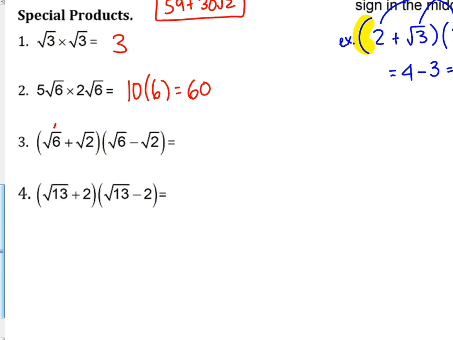So root 6 times root 6 gives you 6. Root 2 times negative root 2 is minus 2, which gives us 4. If you wanted to FOIL the whole thing out, you can, but that's going to take a while. And your middle term should cancel, so you don't need to. Is that a conjugate pair? Okay, try it on your own.